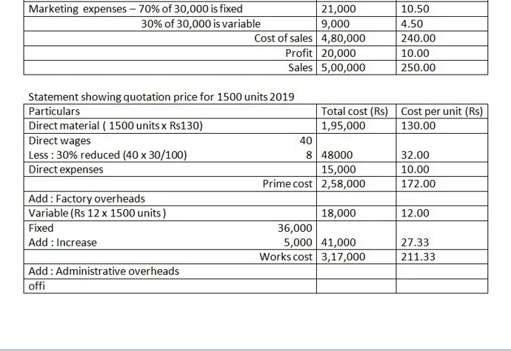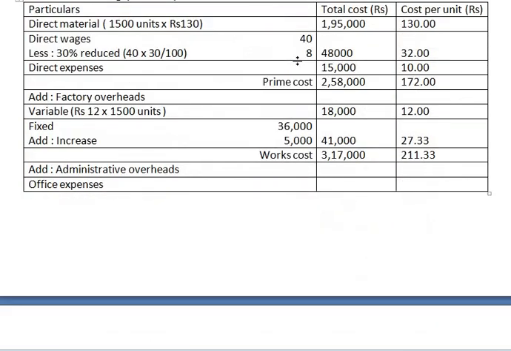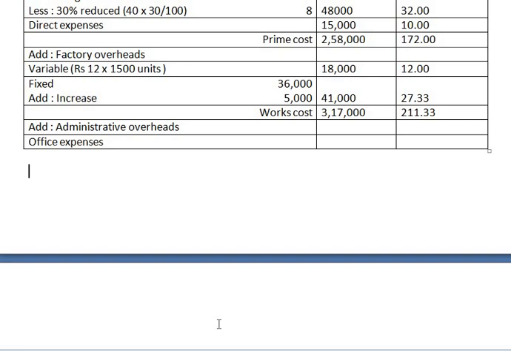Now office expense here is 30,000. The office expense amount goes in the inner column, 30,000.